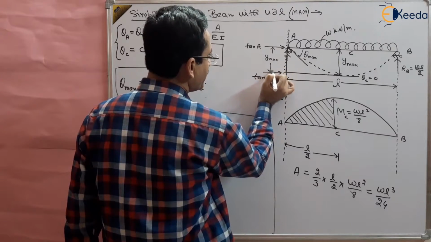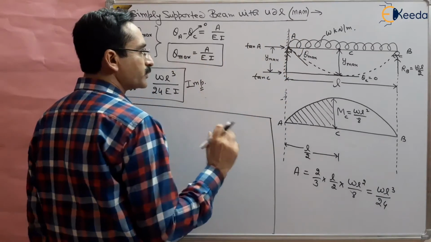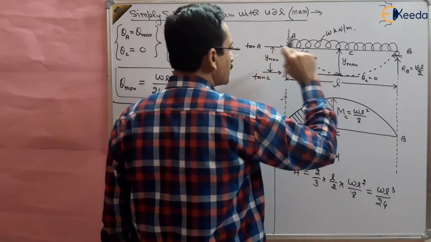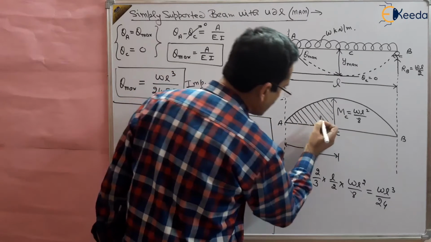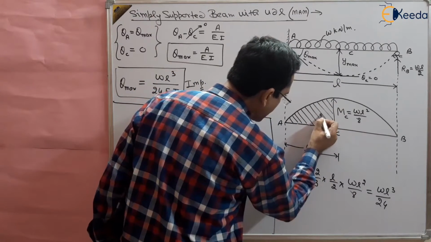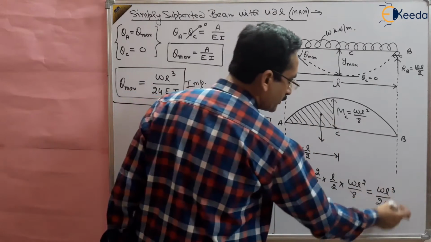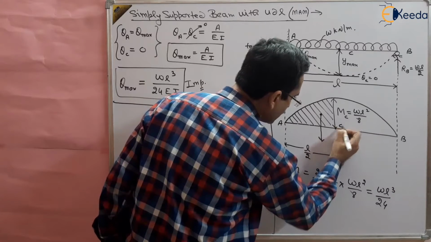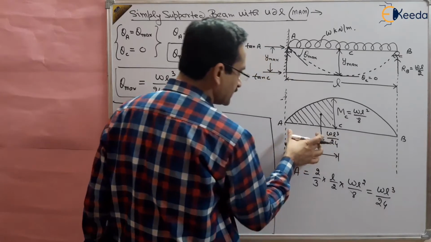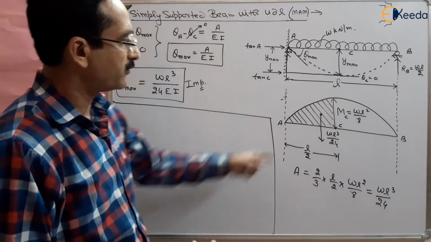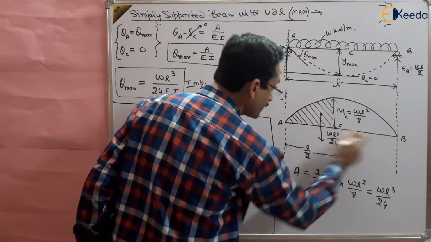So we have to find out basically the distance between two slopes, and the distance between the two slopes of these two points will be the moment of area. This area, WL cube by 24, will be lying at a certain point here. It is a parabola with concave inside, so this distance will be 5 by 8 of the total length.